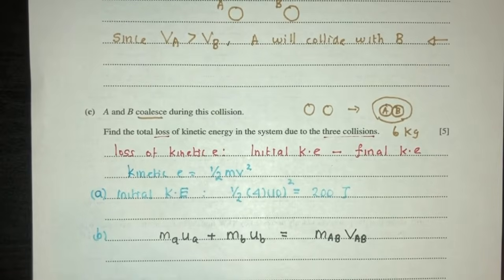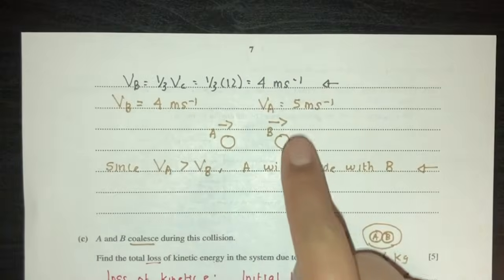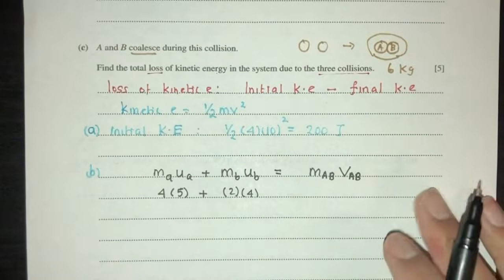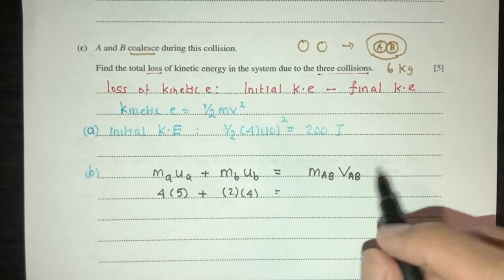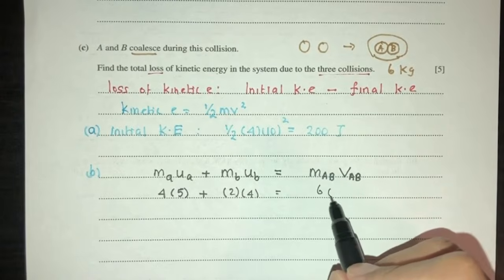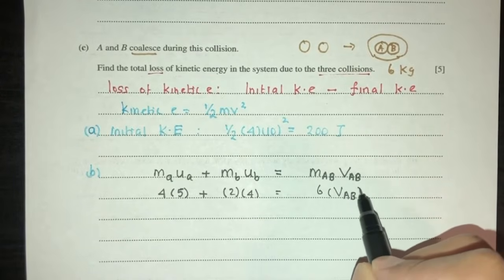So mass of A is given to you as 4, times the speed, which was 5, plus mass of B, let me check, it is 2 and the speed is 4, as you can see here, 5 and 4, right? Now it is equal to, the mass of AB is given by 6 and V of AB we don't know, we need to find that.